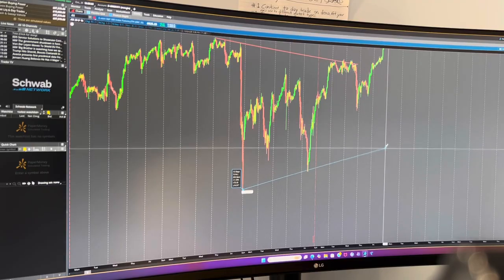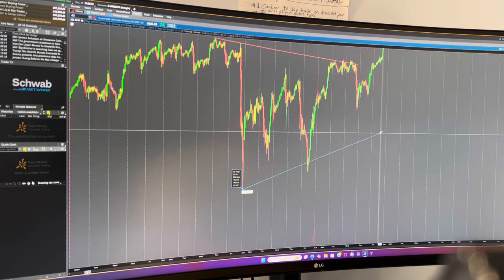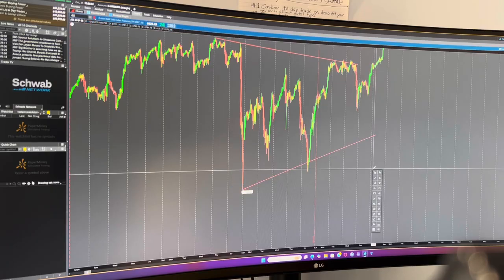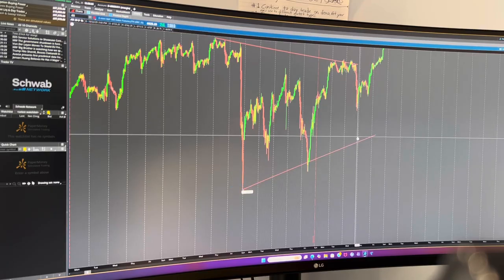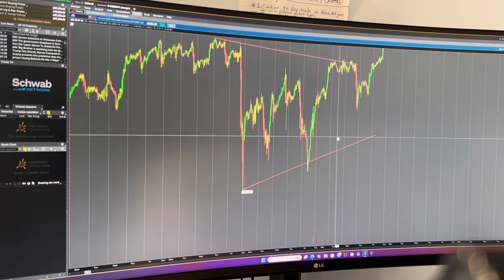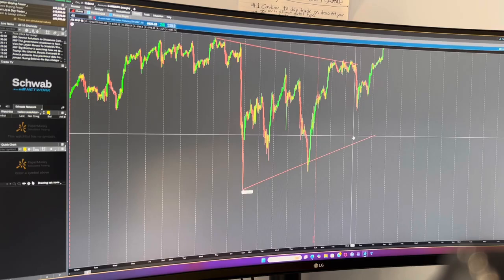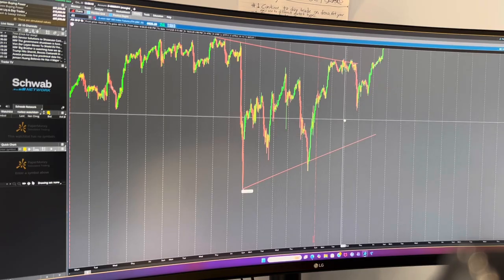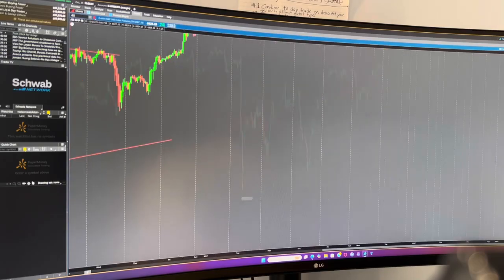So what I did was I set it here as a conservative trend line, and I set these key levels right here. So what I do is I pick the key level and then I put it 1 point above, because I want to make sure it hits. So that was my target.